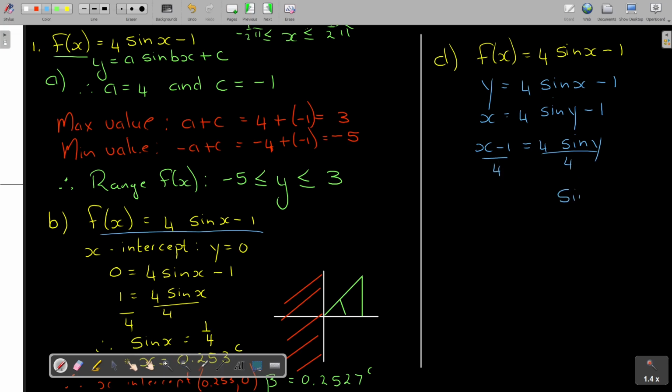So I get sin y is equal to (x minus 1) over 4. Now, can you remember how do I get this away? I make y equal to sin inverse, and I rather keep the sin on that side and swap the 2.